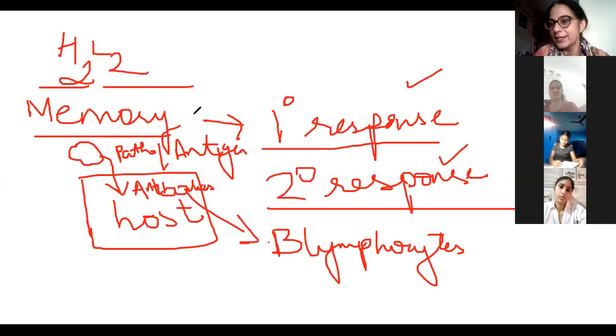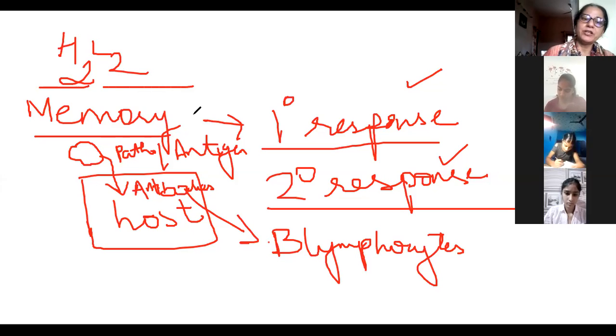And please label it. Disulfide bonds should be there. Antigen binding sites should be there. Two heavy chains and two lighter chains need to be drawn. Because such kind of a question is sometimes asked by CBSE for 3 marks. 3 minutes maximum you have. And I will check everybody's.